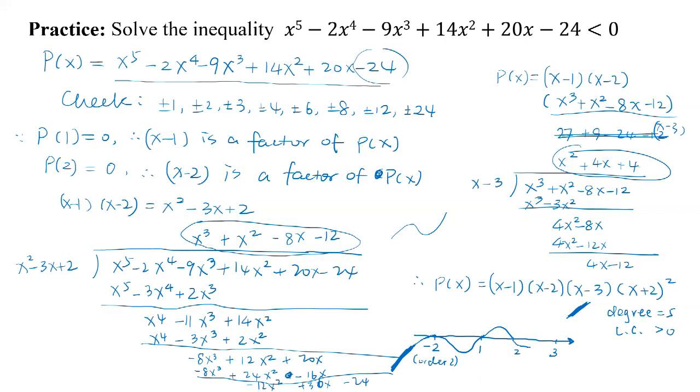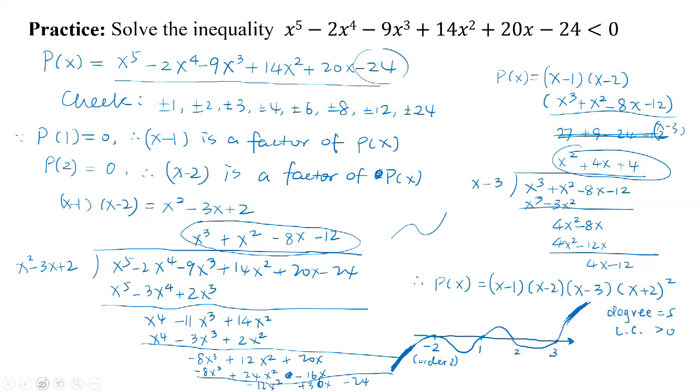And then when it lands on the next zero, 3, which has order 1, an odd number, this function will change its sign here and extend all the way to the first quadrant, right? So basically, the function will have a sketch like this.